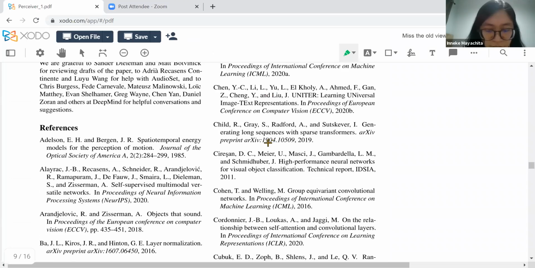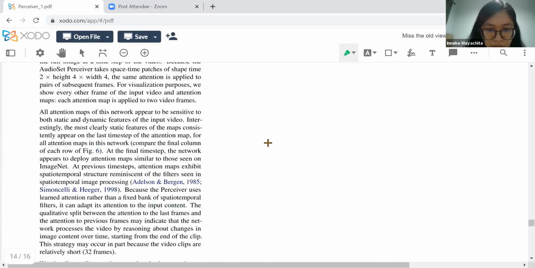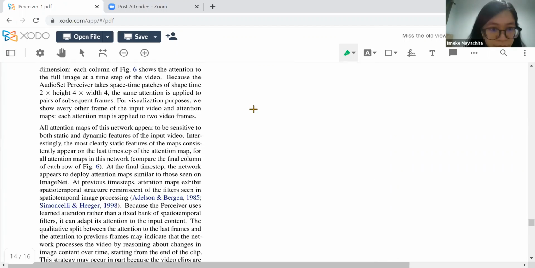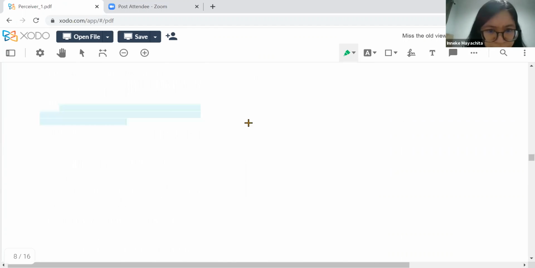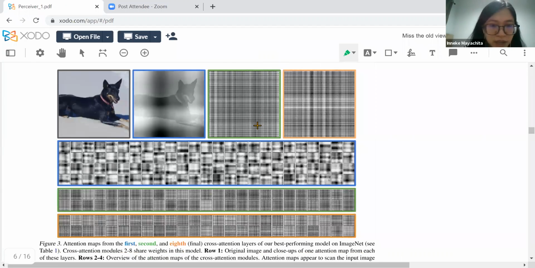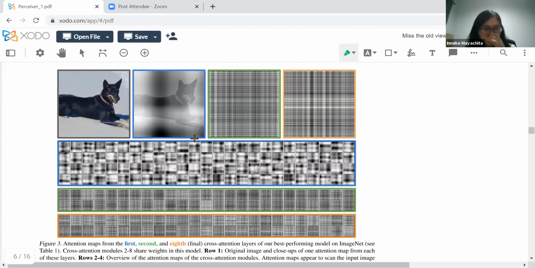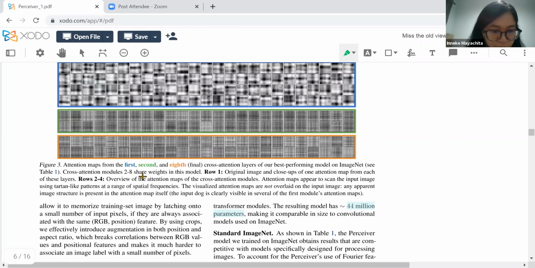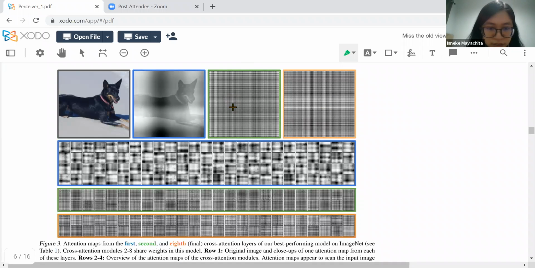Oh, one thing about the ablation studies. Oh, I think we missed one part. It's the attention maps. Sorry. They put here also the attention maps of the model. As they mentioned, they have weight sharing. So this is the second layer, and this is up to the last layer.